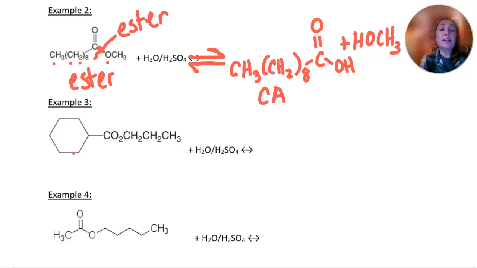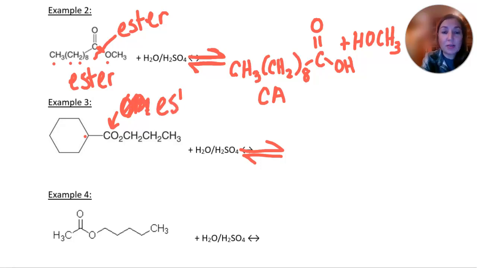In this example, we've got a cyclohexane bonded to CO2, CH2, CH2, CH3. It's reacting with water, and it has that acid catalyst, H2SO4. We might want to redraw this, recognizing the shorthand.